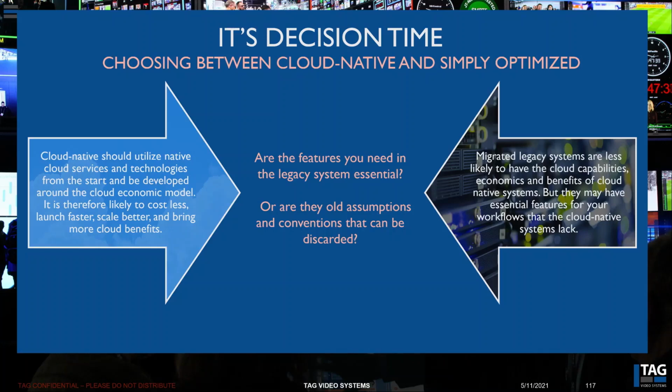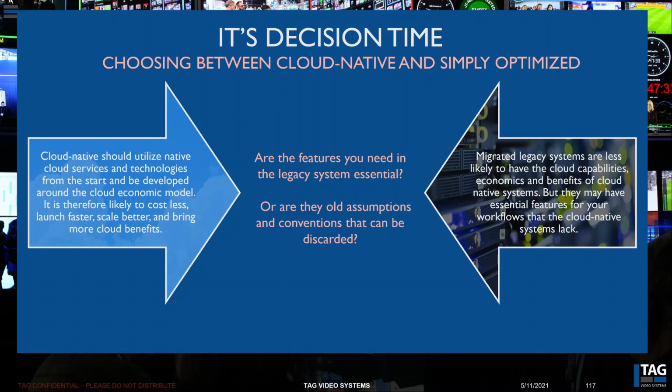And in doing that, they also build systems that can launch faster, scale better, and bring more cloud benefits.